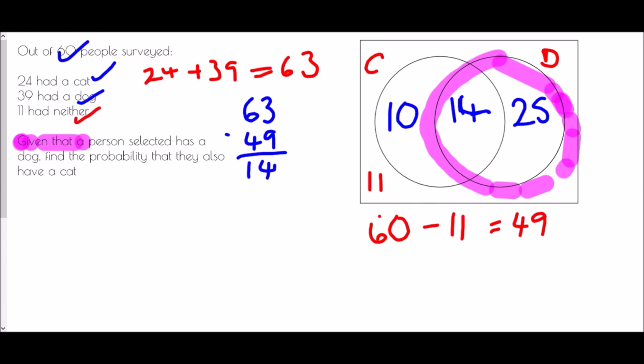And so our probability is going to be out of 39. How many of them also have a cat? Well, that takes us to the section in the middle, the intersection between the two groups. That is 14 people, and so our probability will be 14 out of 39.